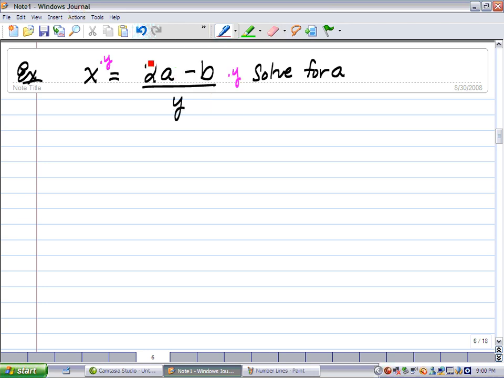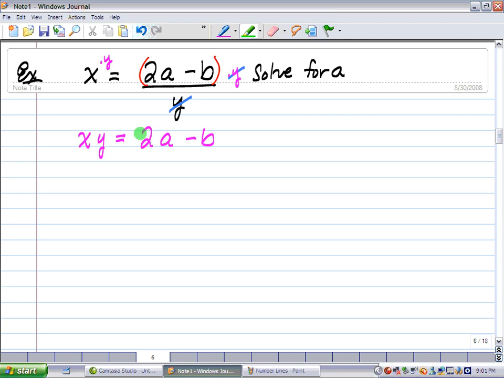Recall, there are the invisible parentheses here. So that entire thing is being multiplied by y. So on the left, I have x times y, and I don't have to write the dot. On the right, notice this y and this y can be canceled because they're y over y, or 1. So on the right side, I'm left with 2a minus b. On the left I have x times y, on the right I have 2a minus b.